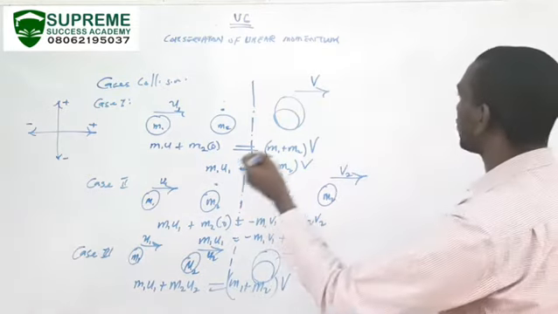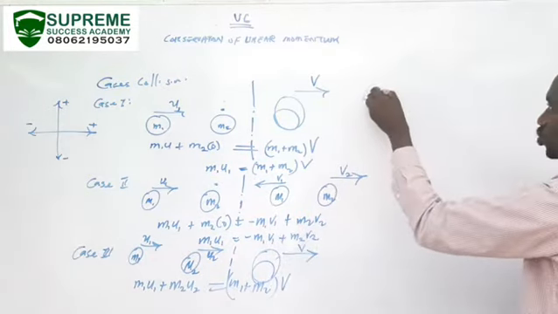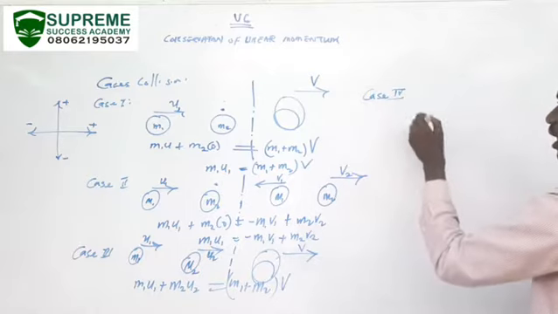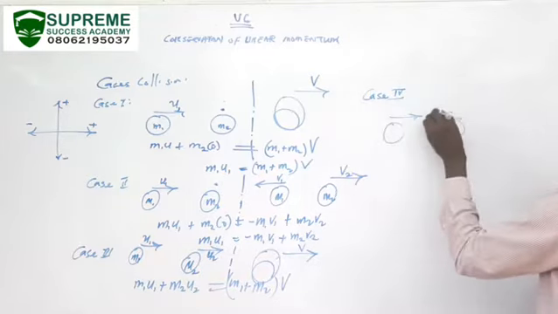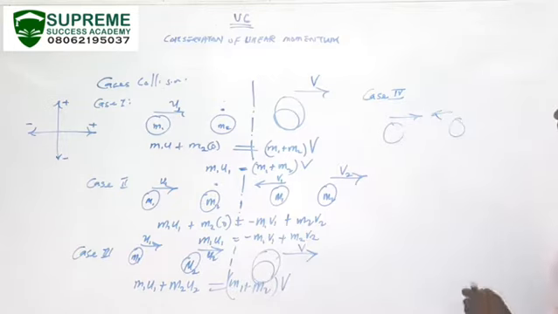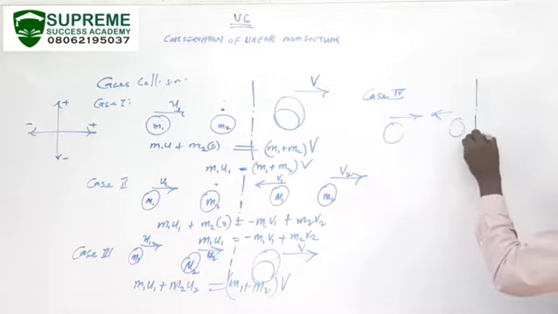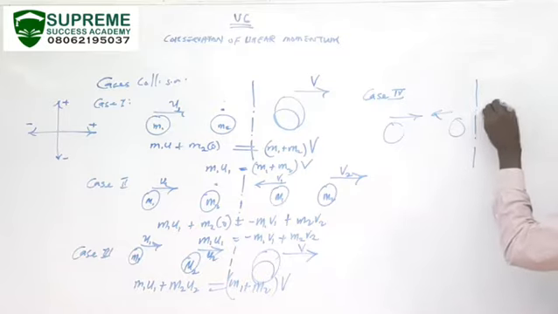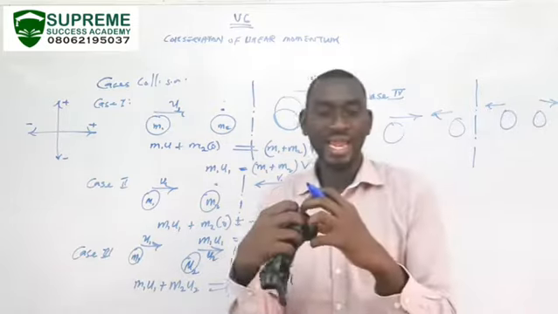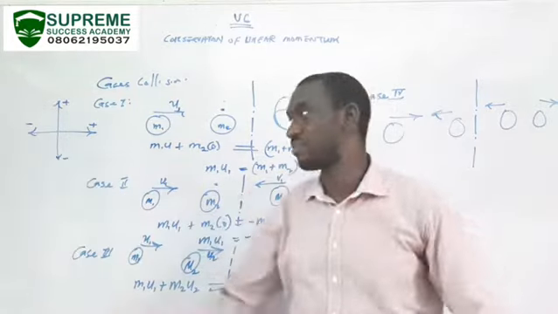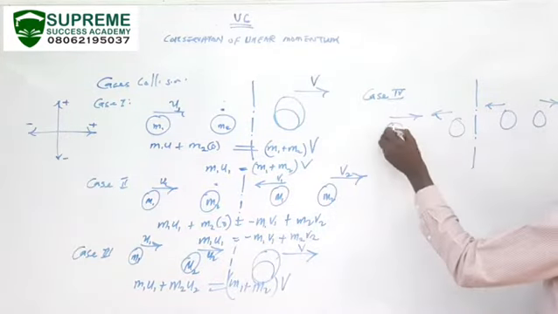Let's just get one more scenario and then we go ahead to solve questions. Let's consider objects that collide while moving in opposite directions before collision, and after collision they also move in opposite directions. They collide against themselves and they bounce back. So let's look at what is happening.